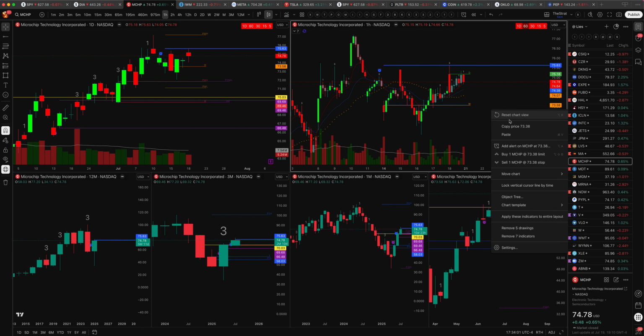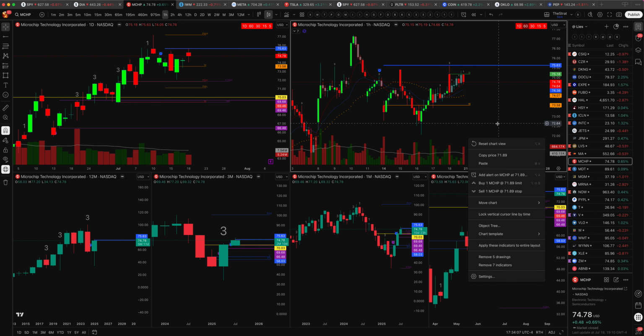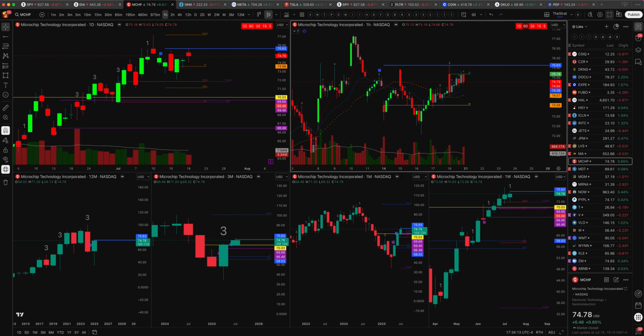That just depends on what kind of trader you want to be. If you want to set your stop very close to where you enter, that is fine. It's just that you understand how your strategy works in that regard.